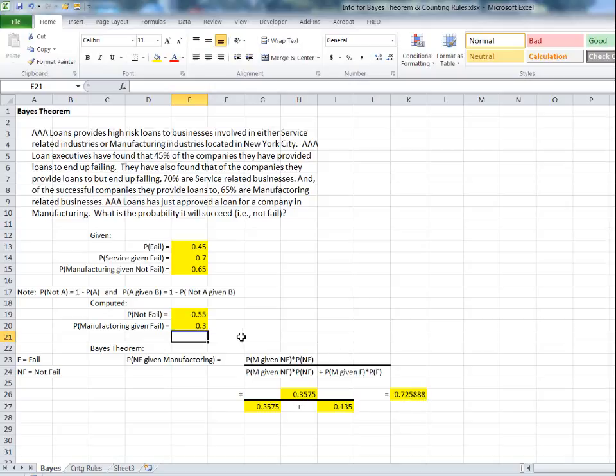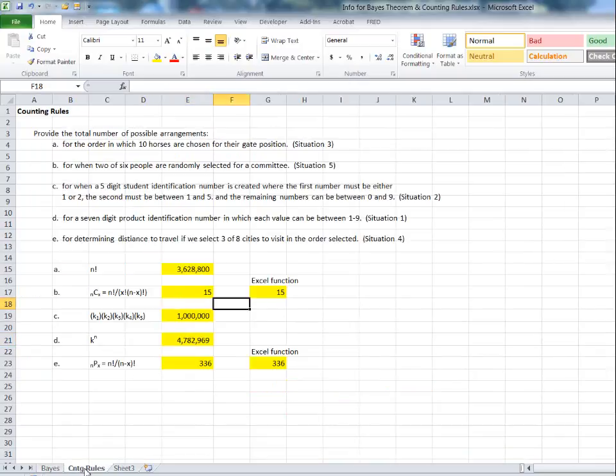So that's an improvement over if we just look at any company we pick at random, we don't know whether it's service or manufacturing, we would say the probability that it will not fail is 0.55. But now, knowing that the company is manufacturing is better, it's 0.7258 that it will not fail. So that's using Bayes' theorem. And now we'll go to counting rules.